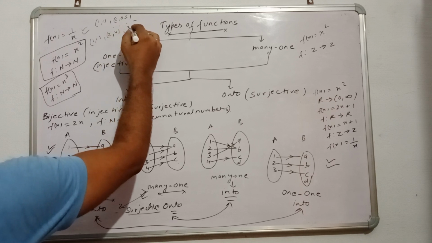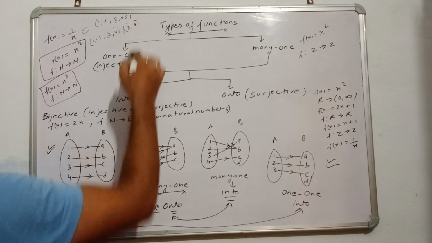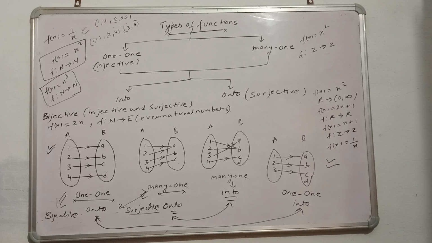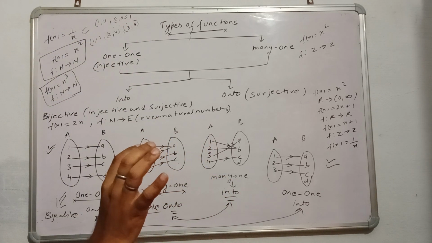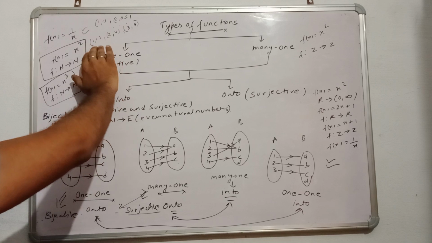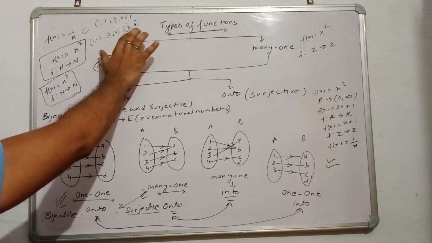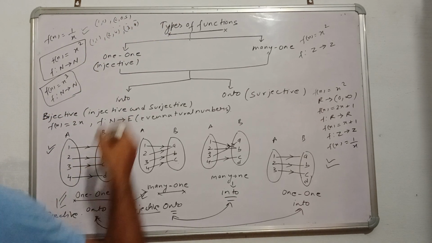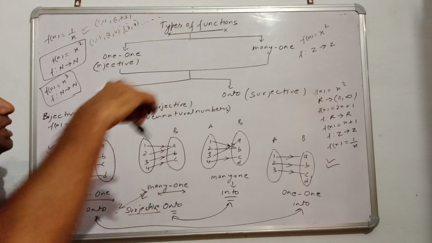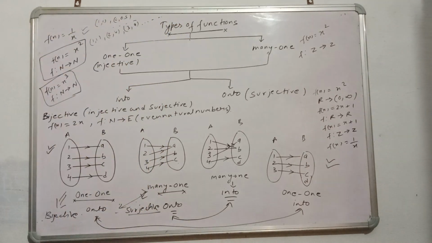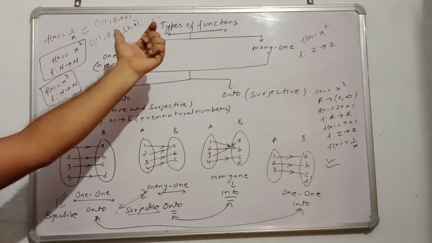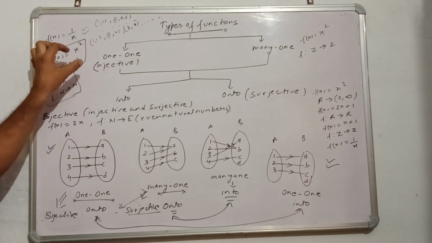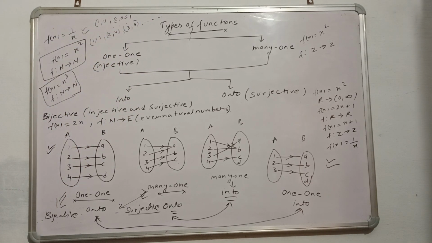If you put 3, you will get 9. So 1 has 1, 2 has 4, 3 has 9. In this way every different value has a different image. The image will not come the same. So you can see f(x) = x square is also a one-one function.